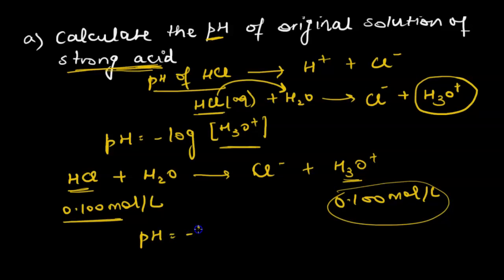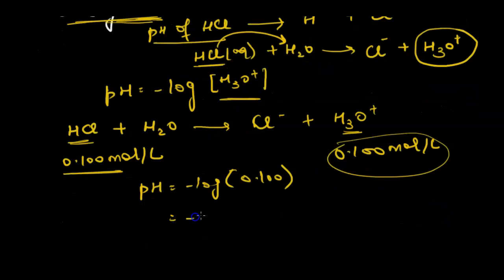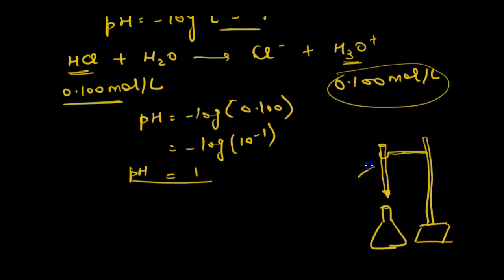So pH is the negative logarithm of 0.100, which is equal to the negative logarithm of 10 to the power minus 1. When we put this on the calculator, we get pH as 1. So this is the pH of HCl before we add any NaOH from the burette to the titration flask. Right now it is just HCl present in the titration flask along with the indicator.